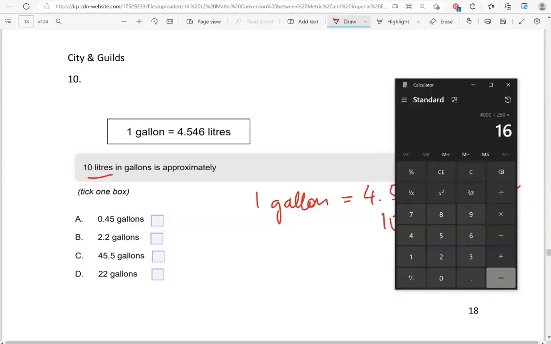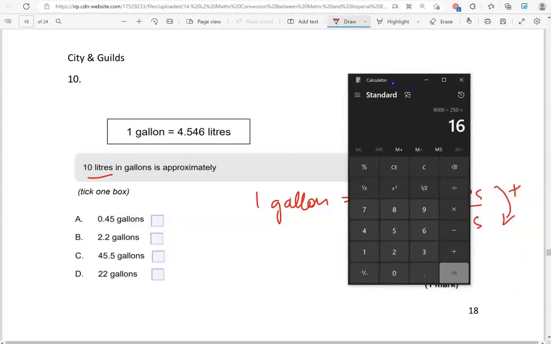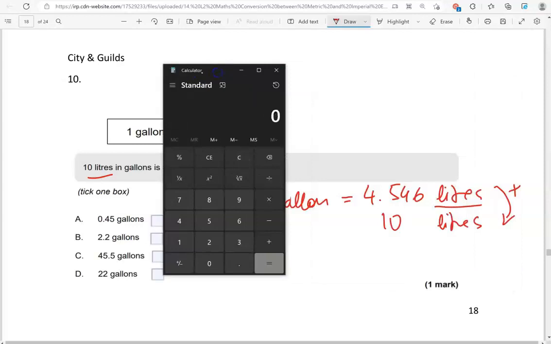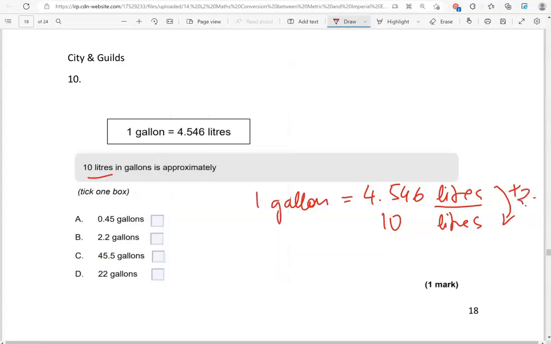In other words, we're doing the inverse of that. So 10 divided by 4.546 gives us 2.1997, which we can round to 2.2. We'll do the same on the other side. 1 times 2.2 gives us 2.2 gallons. And that is option B.